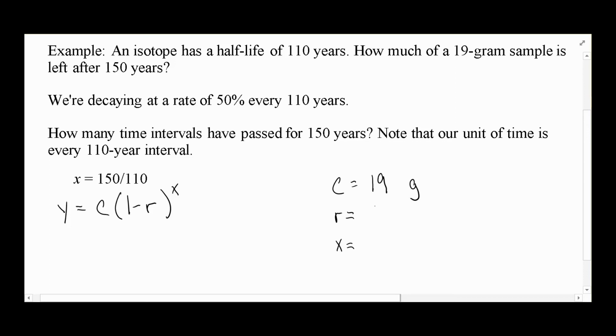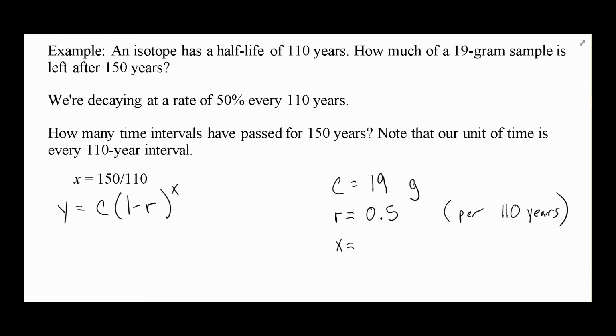So the rate, if we're talking about half, is we're going to decay at a rate of 50%. But how often are we doing that? Per 110 years. So this is where we need to match up the units. The rate is 50%, but it's every 110 years.